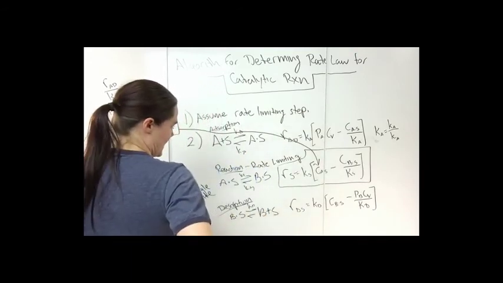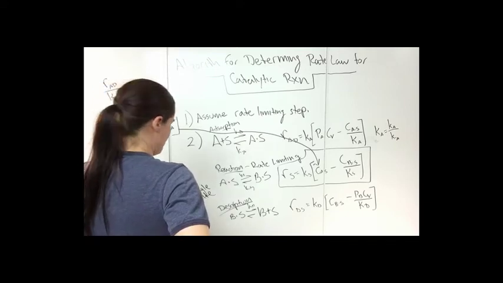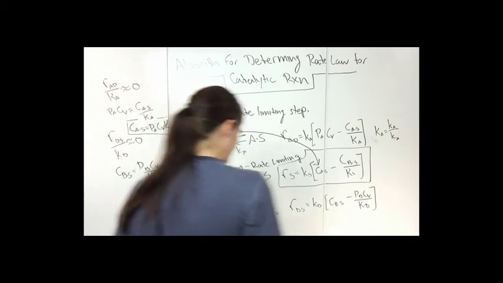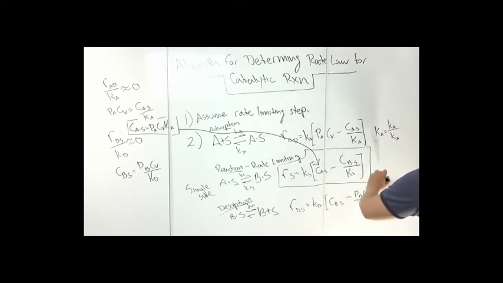So then for this one, you have CBS is equal to PB CV over KD. And what we can do with this is just redefine this. So because KD is equal to KD over K minus D, if we just redefine this and say, maybe KP is equal to 1 over KD, then we can plug KP in for that.